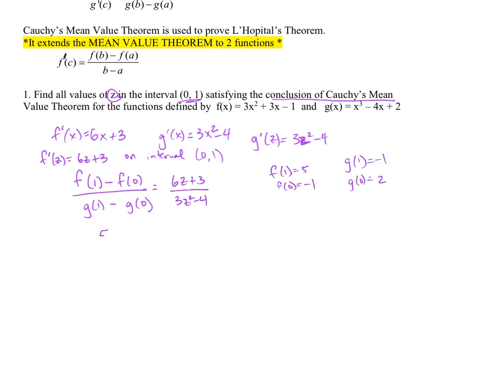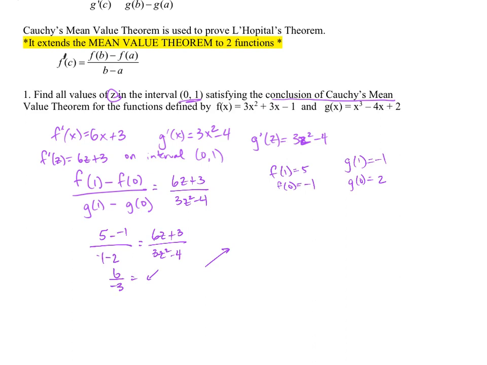So this ends up being 5 minus negative 1 over negative 1 minus 2 equals 6z plus 3 over 3z squared minus 4. And I go through and cross multiply. Over here I'll get first 6 over negative 3 equals this.